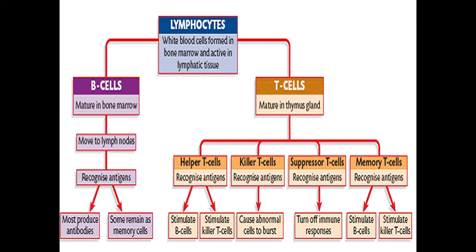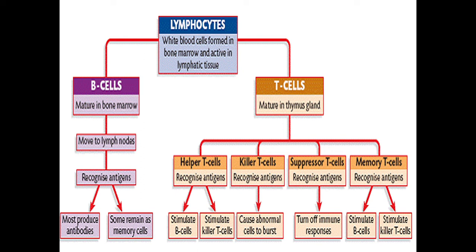As a summary, we have the lymphocytes in the blood circulation produced in the bone marrow, and we have two types. We have the B cells and we have the T cells.